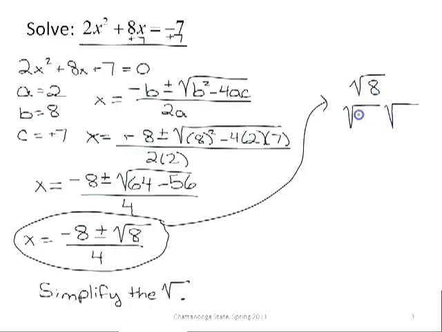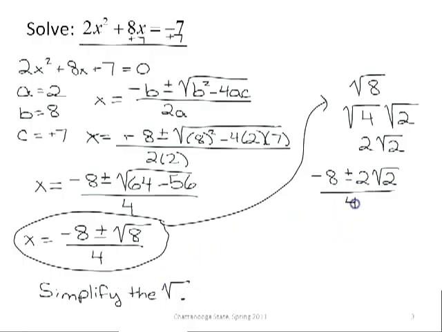So if I rewrite the 8 as 4 times 2, I can split up the square root of 8 into the square root of 4 times the square root of 2. That enables me to take the square root of 4, which is 2. So I end up with just 2 times the square root of 2. So I have -8 plus or minus 2 times the square root of 2 over 4.